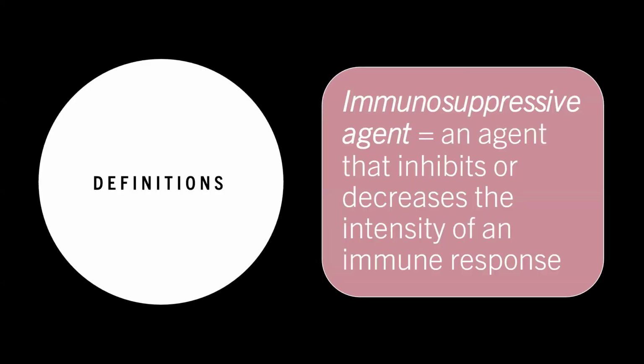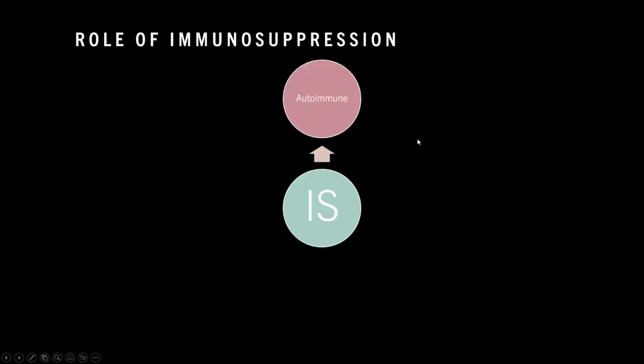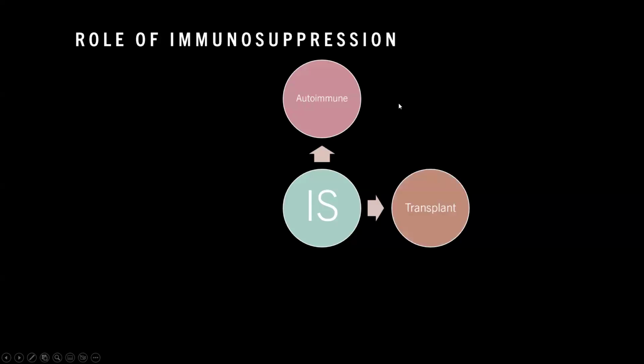So a few definitions to start off with. An immune suppressive agent is really something that inhibits or decreases the intensity of an immune response. That's quite self-explanatory. Generally, we use immune suppression for a bunch of different reasons. Sometimes it's to suppress an immune response that's causing autoimmunity.